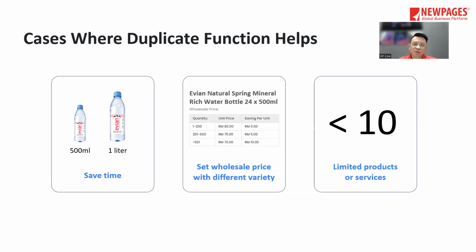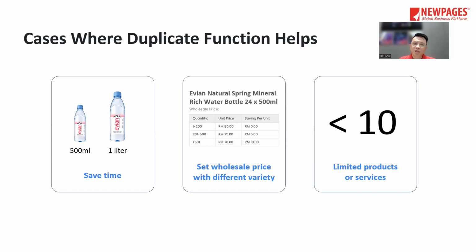So for this kind of scenario, there's no choice. You have to make duplicates. And duplication actually helps you save time. When you click on the duplicate function, it will populate all the information that you have posted to the new product posting. Then you only have to make a few slight changes, maybe to the product's features.